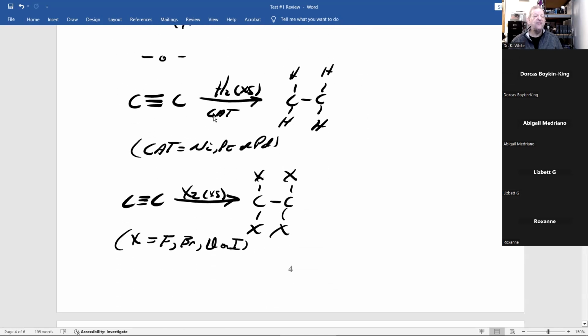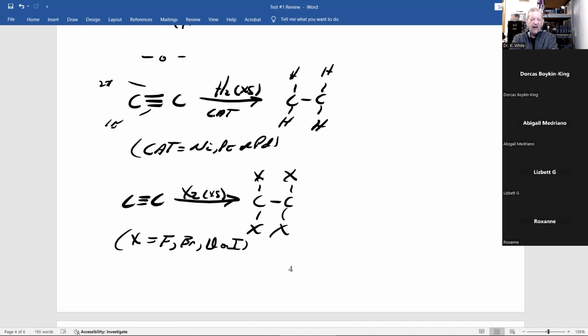Now, we moved on to triple bonds. Remember, a triple bond has 2 pi bonds and 1 sigma. So I can break both of those. Well, organic chemists are lazy. And if we don't want to balance it, how can we show we need more hydrogen?